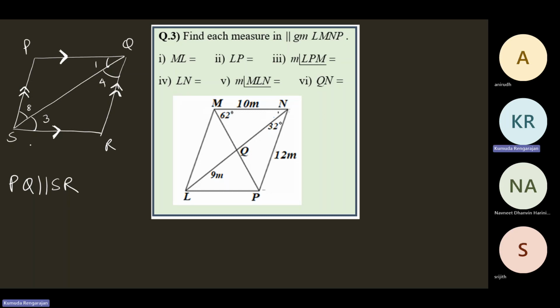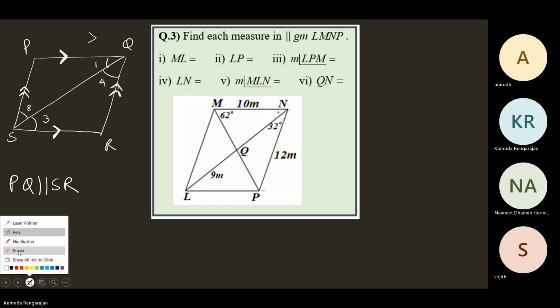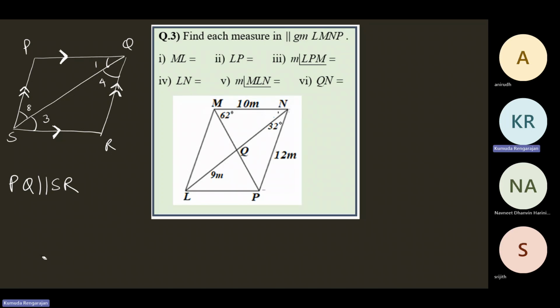But you know from the markings in this figure that PQRS is a parallelogram because opposite sides are marked parallel using the arrows. So PQ is parallel to SR because it's marked in the figure. The answer is not because PQRS is a parallelogram. You must say, PQ is parallel to SR because it's marked.